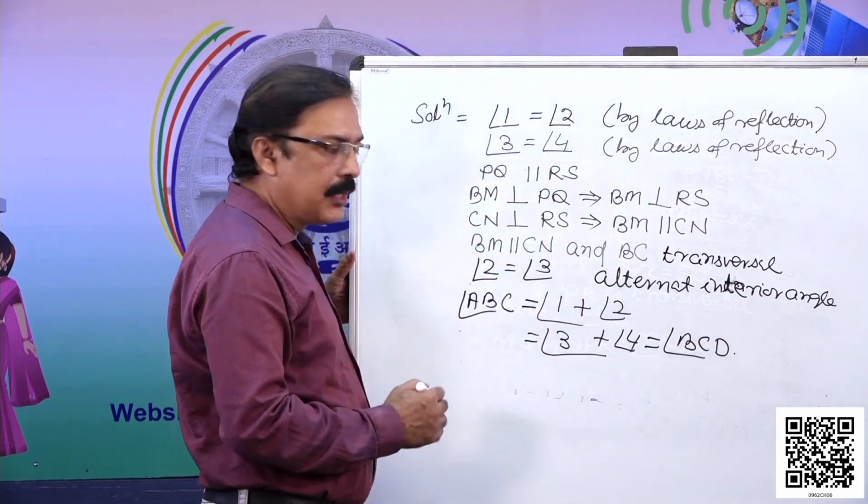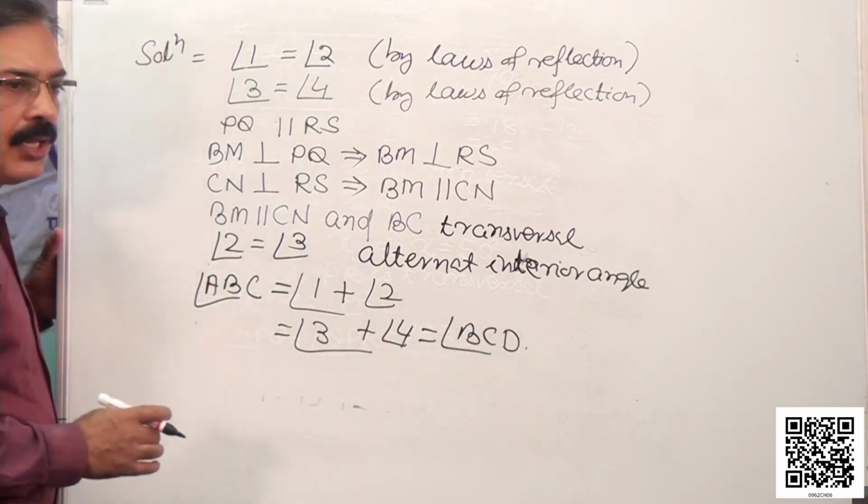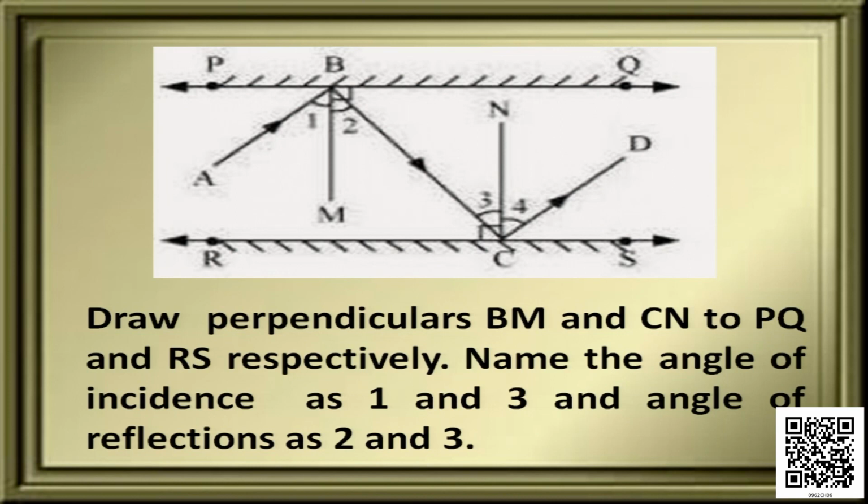Now if we consider ABC and BCD, if we look at the picture, ABC and BCD are alternate interior angles if BC is the transversal of lines AB and CD.